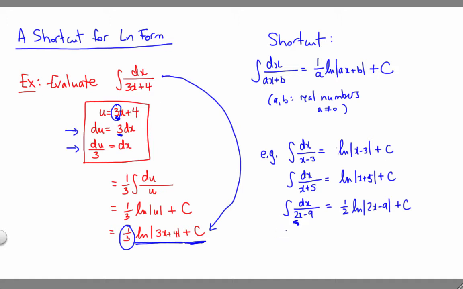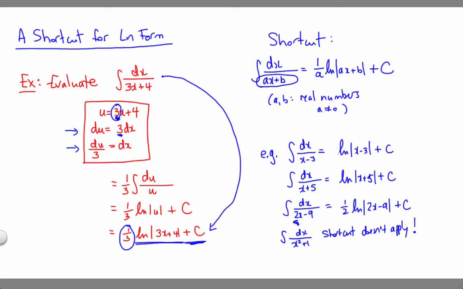Okay, if someone asks us to integrate dx over, say, x squared plus 1, we would say shortcut does not apply. So let's just be very clear that the shortcut only applies when you've got a linear expression in x, meaning something that looks like ax plus b in the denominator.